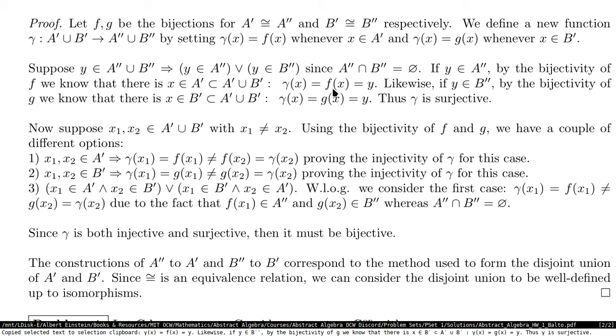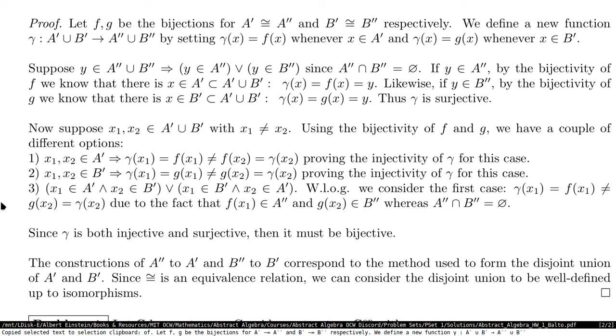So our goal is, if you can show that gamma is actually bijective, then you can show that they are isomorphic, right? So now what you do is you take two distinct elements in the other union, A prime union B prime, right?